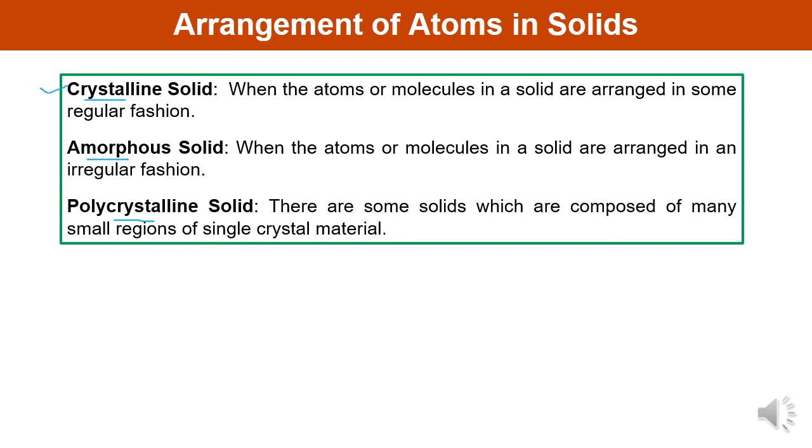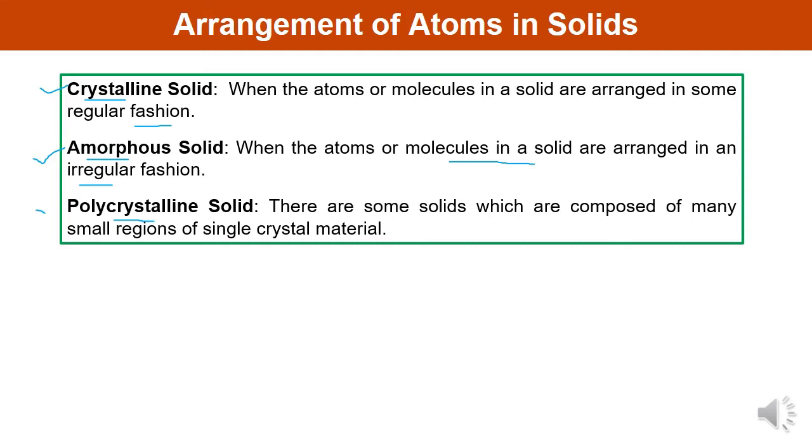When the atoms or molecules in a solid are arranged in some regular fashion, that type of solid is known as crystalline solid. And when atoms or molecules in a solid are arranged in an irregular fashion, that type of solid is known as amorphous solid. So this is the basic difference. If the arrangement is systematic in a regular pattern, that would be the crystalline one, and in case of irregular pattern, it would be the amorphous solid.